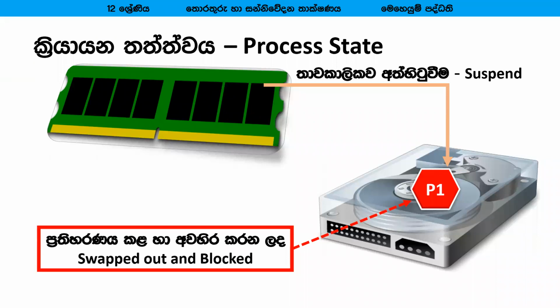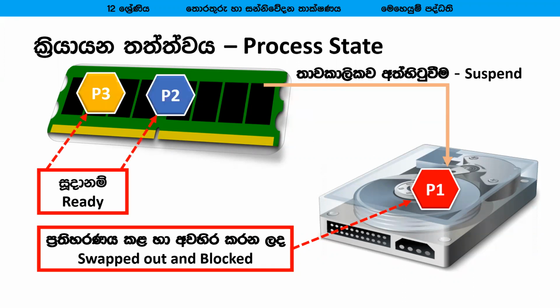When you swap a waiting one onto the hard disk, that is called swapped out and waiting. Again, when a blocked one goes from the RAM to the hard disk, we call it swapped out and blocked. When a waiting one goes to the hard disk, we call it swapped out and waiting, or swapped out and ready. The word waiting is used more often, swapped out and waiting, right? We call it swapped out and ready as well.